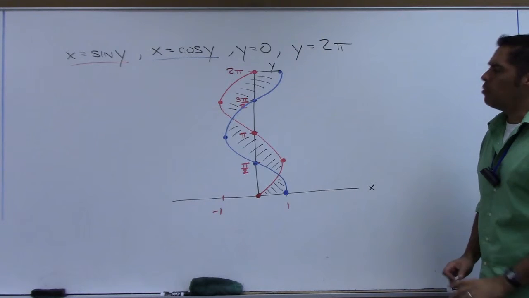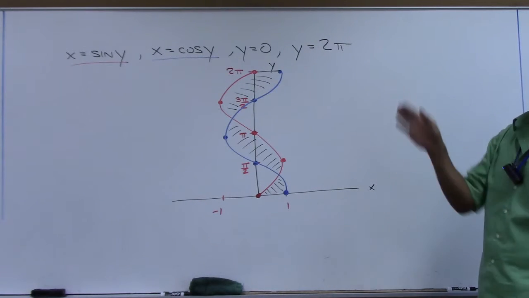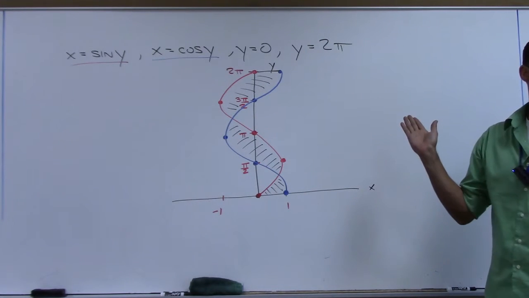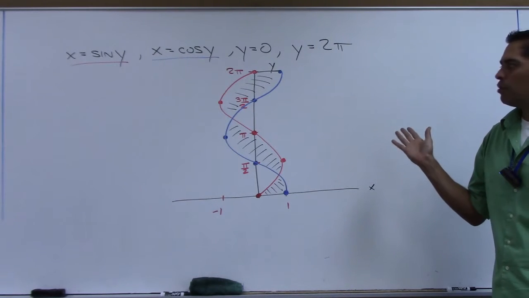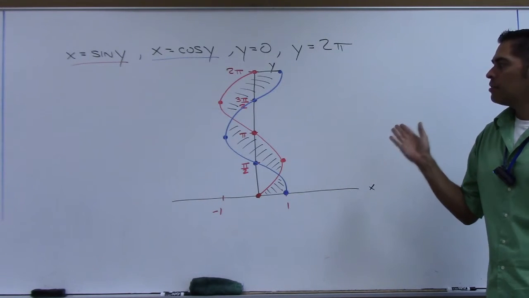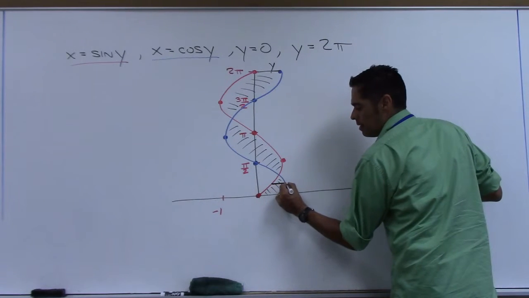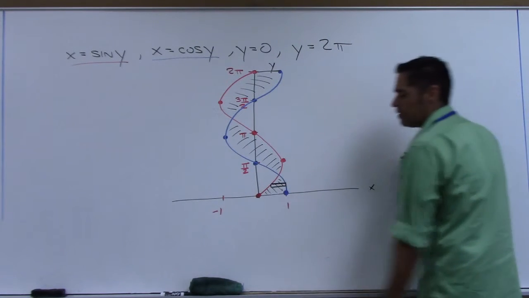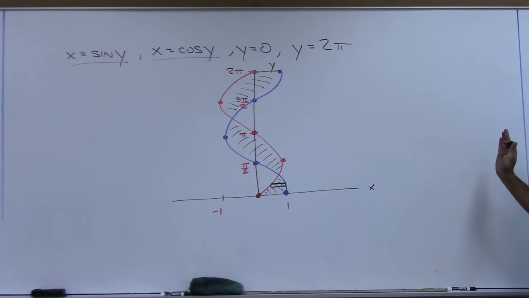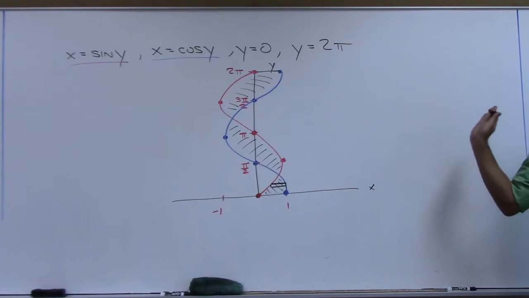Yeah, well, I should probably back up. Are you going to want to use vertical rectangles or horizontal rectangles? Horizontal, right? There's no question about that. Do you all agree? So if you go horizontal with your rectangles, look at this rectangle right here: which function is on the right side? Blue, right? What's on the left? Red.